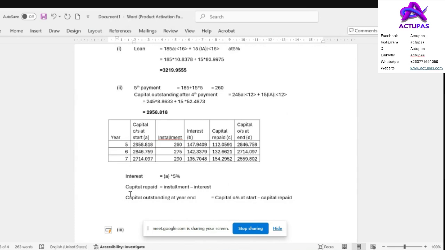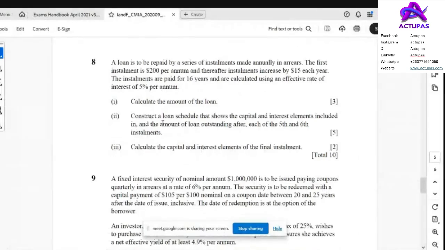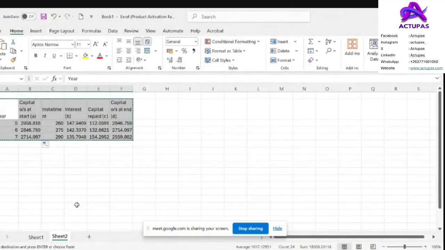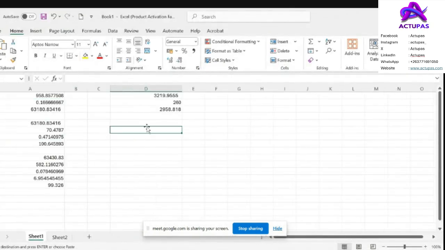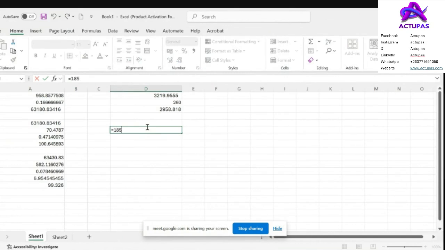Then the third part of the question reads, calculate the capital and interest element of the final installment. So the final installment is in 16 years. And we know that this would be equal to your 185 plus 15 times 16.